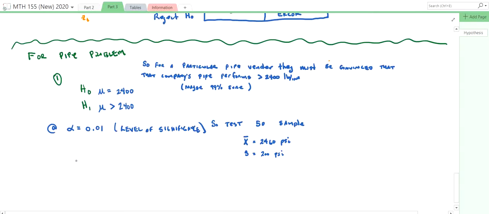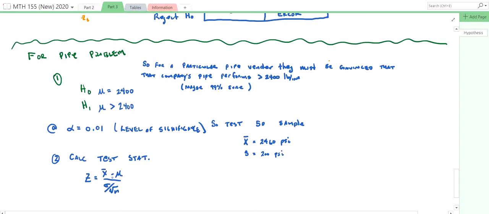Okay. All right. So now, next step is let's calculate a test statistic. For this, we're going to use z equals x bar minus mu over sigma over the square root of n.